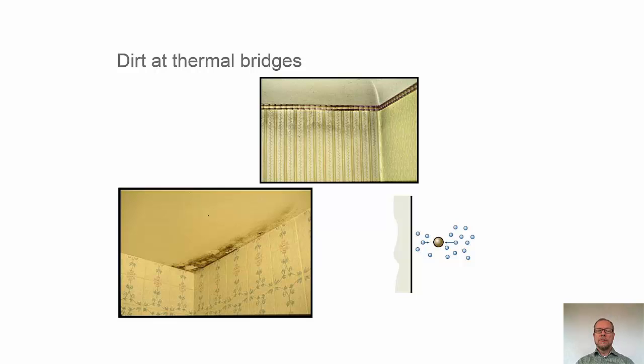On the inside we also have temperature drops. We have lower surface temperature if we have high heat flows through the wall. What we see in the pictures here are dirt formations where we have thermal bridges with colder surface temperature. This is quite an interesting phenomenon. We have a soot or dirt particle here to the right, and air molecules bouncing around.